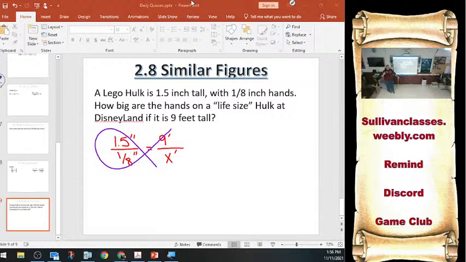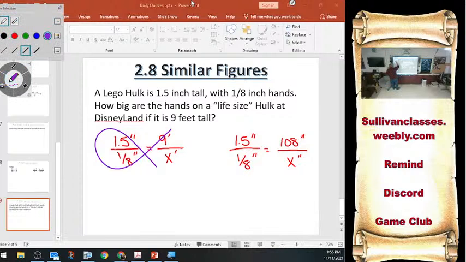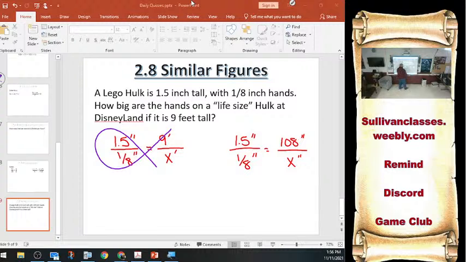Feet inches equals feet inches, I don't have to change it. If you had done 1.5 inches is to 1/8 of an inch equals 9 feet, 12, 108 inches, that's cool too. Either way.